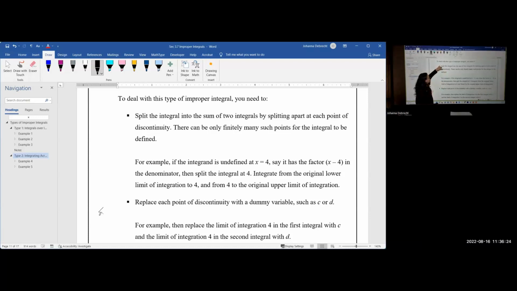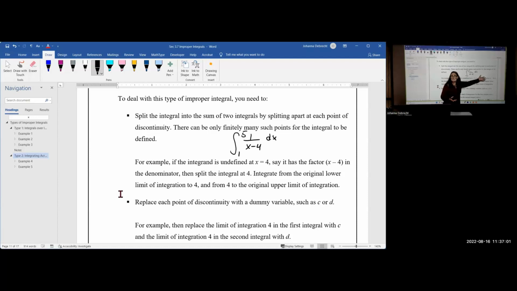So we'll split it apart at each point of discontinuity, and then we'll integrate each individual piece by evaluating one-sided limits. So let's say the integrand is undefined at x equals 4. So we could just simply be taking something like the integral of 1 over x minus 4 dx, and we could be integrating from 1 to 5. Now, again, looking at 1 over x minus 4 dx as an indefinite integral, there's nothing to stop you from integrating that.